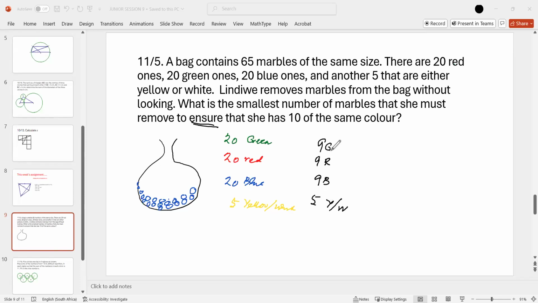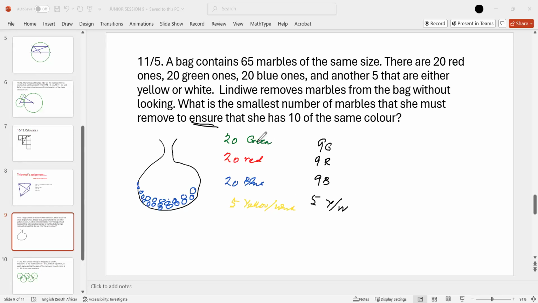Now she could have had this. This is the worst situation, because she got 9 green, but she's not getting the next 10th one. She's got 9 red, she's not getting the 10th. And similarly with the blue. And of course, she has all the other stuff which she doesn't really need, because she can't get 10 from that. In this situation, all these have been taken out.